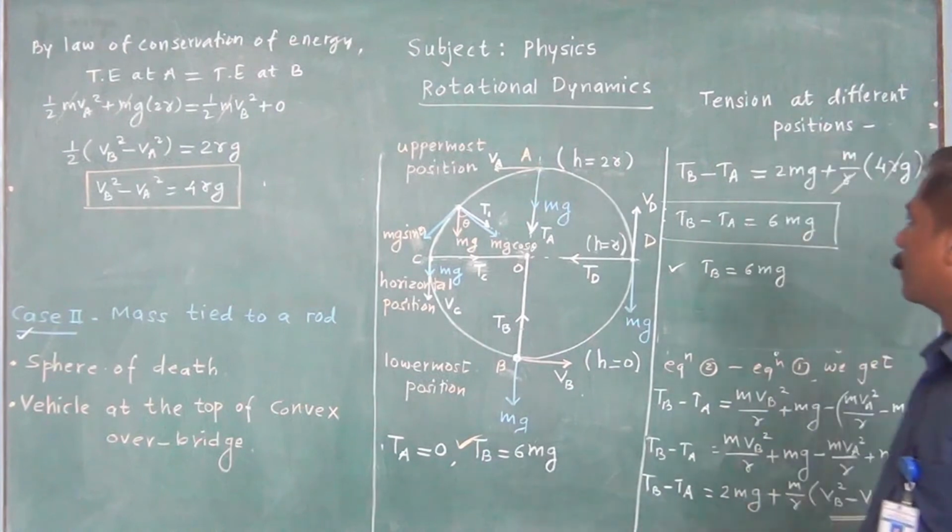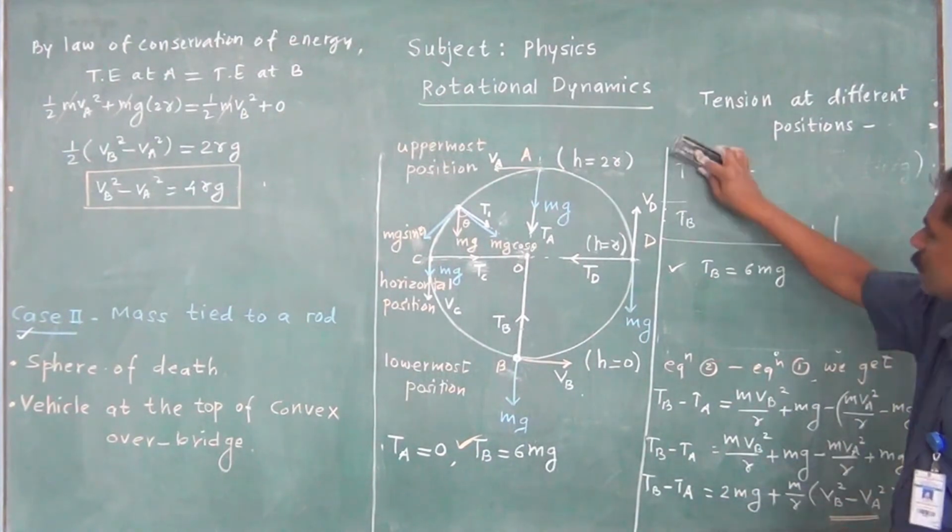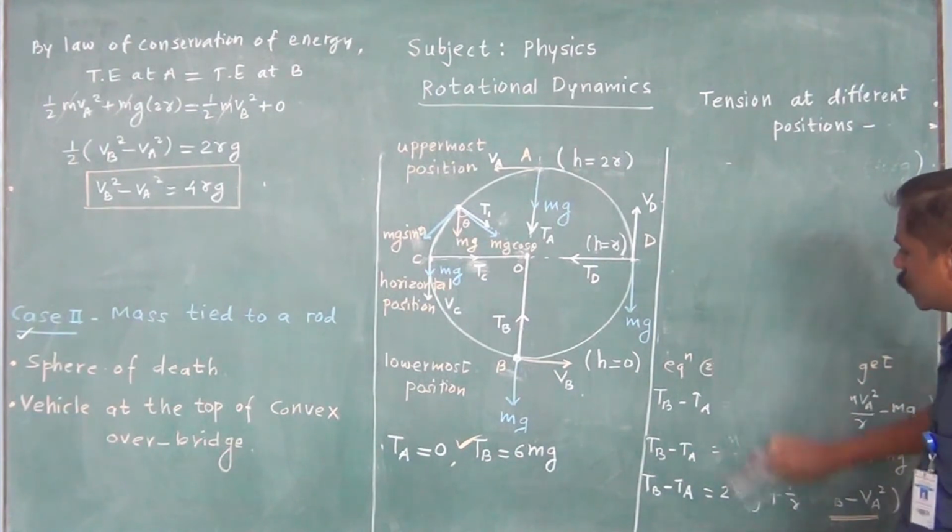This is related to the tension at B. Finally, we have to find the tension at the horizontal position.